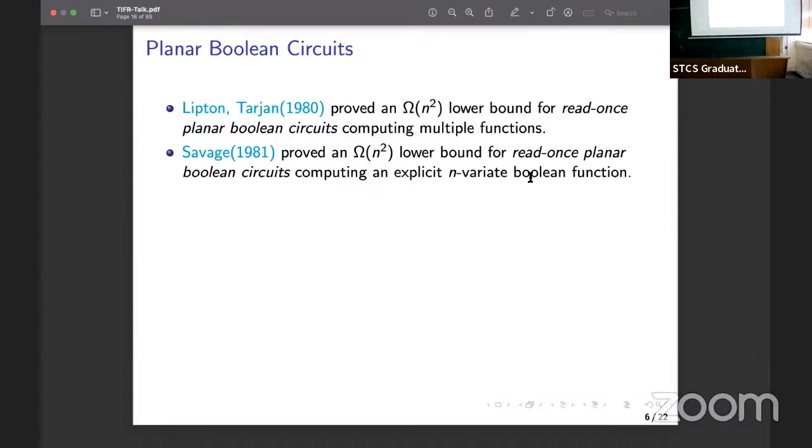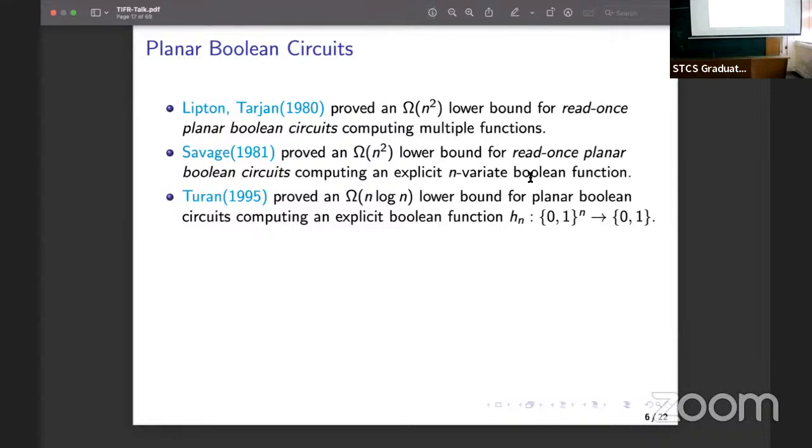But these are read-once. How do you get rid of the read-once restriction? Turan showed that you can, though the lower bound has degraded when you go from read-once planar Boolean circuits to planar Boolean circuits. There they were able to show an n squared lower bound, here it is only n log n, but it's an explicit Boolean function on n variables.